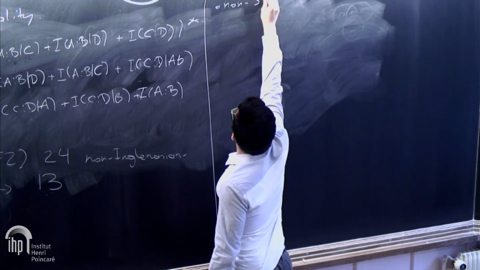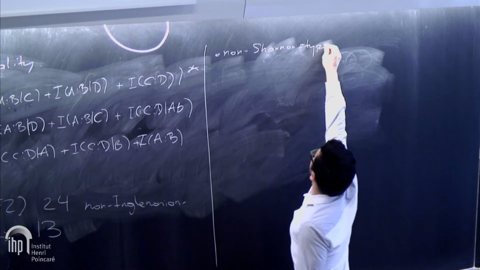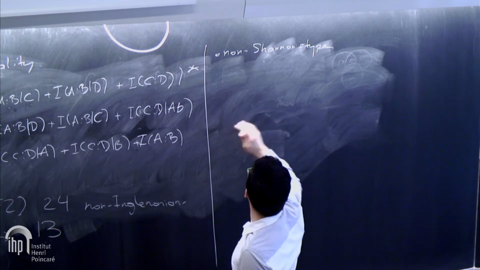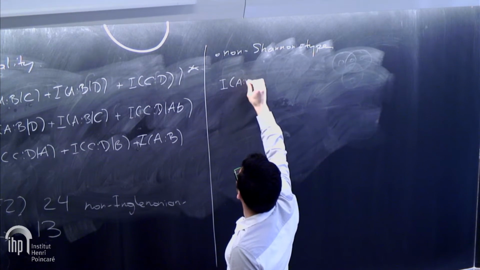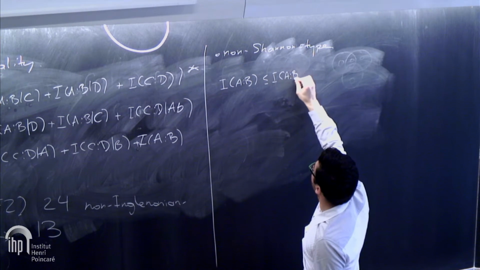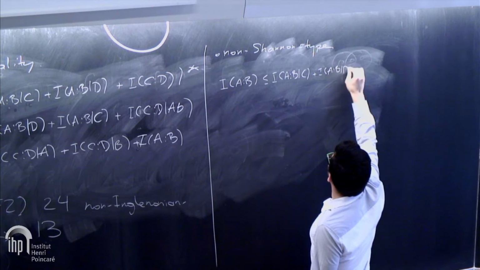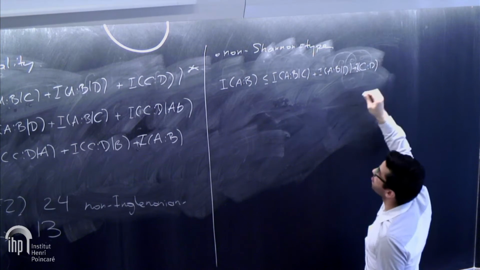Okay, now, what happens for non-Shannon-type inequalities? We have this inequality, which looks like Ingleton, but then we add some terms.